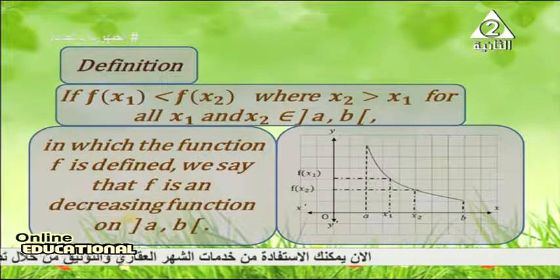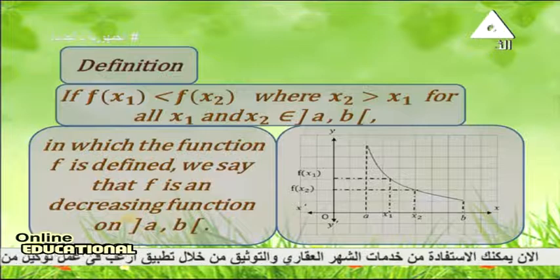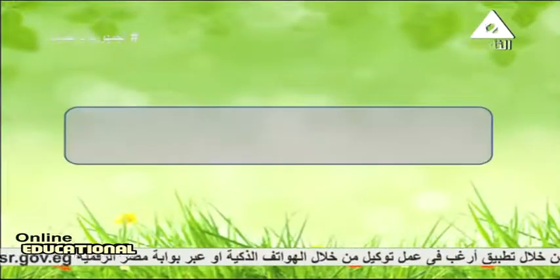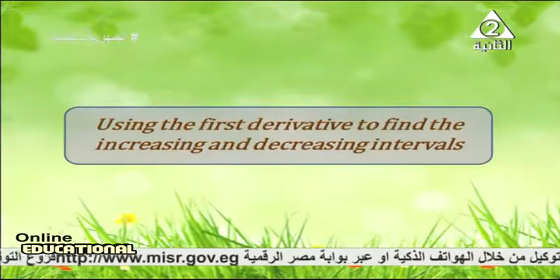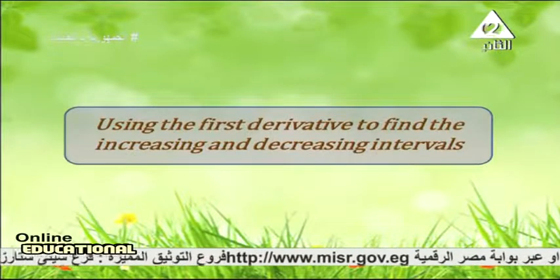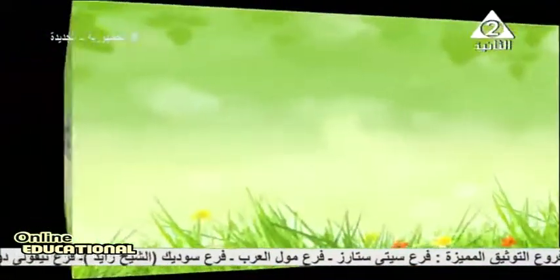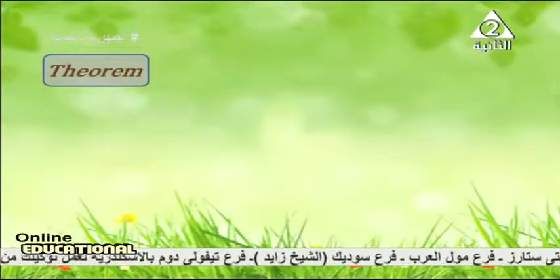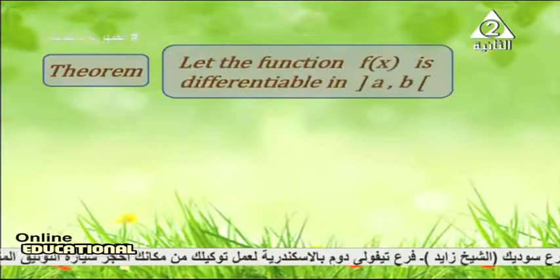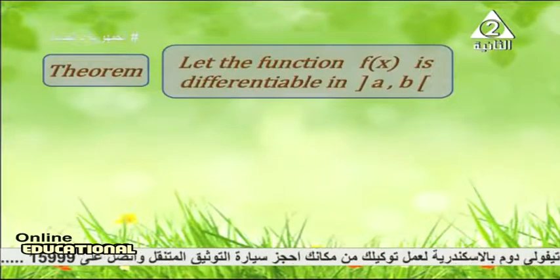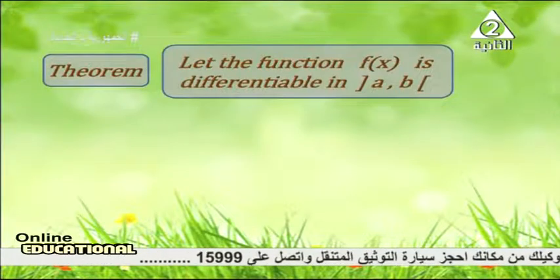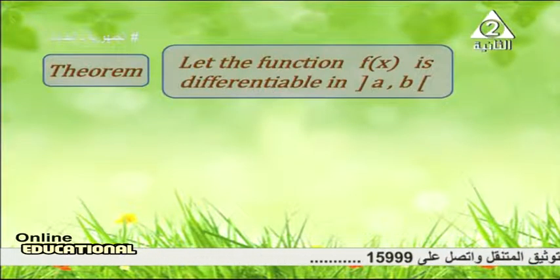Now we can deduce the following theorem, using the first derivative to find the increasing and decreasing intervals. Theorem: let the function f of x be a differentiable function in the open interval a and b.